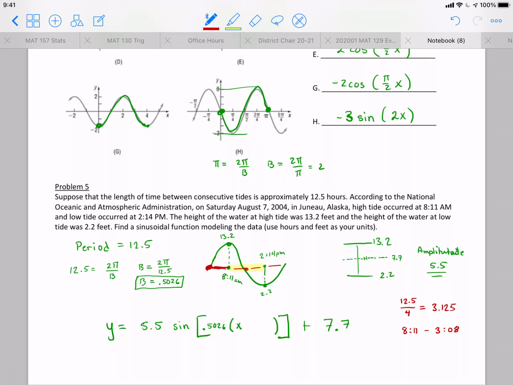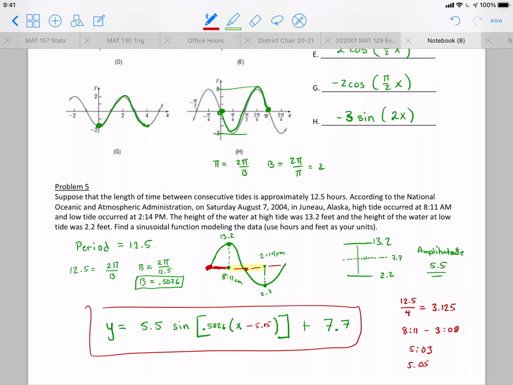And so that would be at 5, what? I can math, 11 minus 8. I'm having a meltdown for a second here. That would put me at 5:03. And then to put this back in a decimal, 3 out of 60 minutes would be 0.05, so this would be 5.05. So I will say minus 5.05. Ka-ching. There we go.